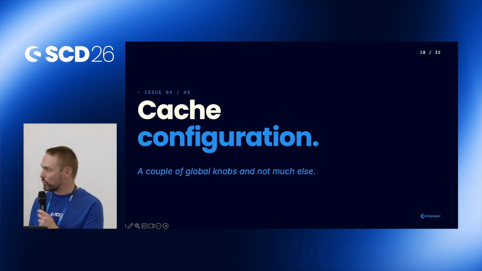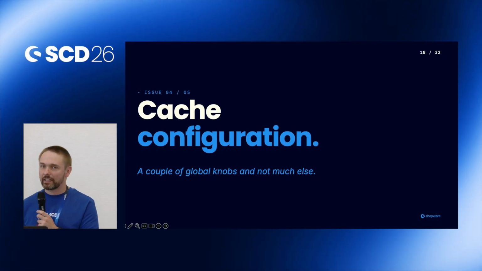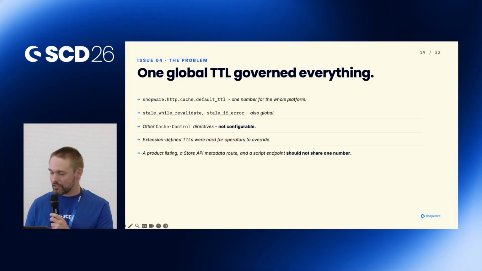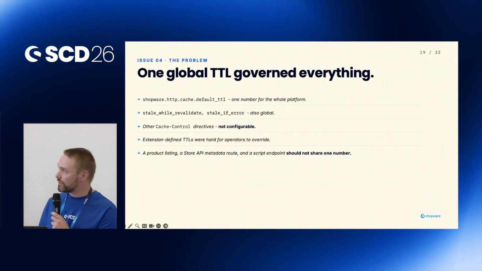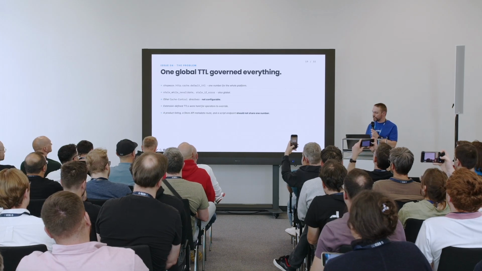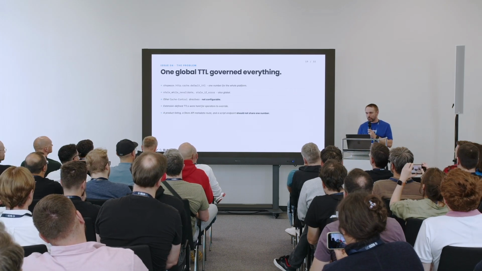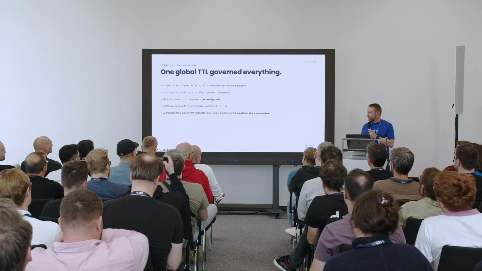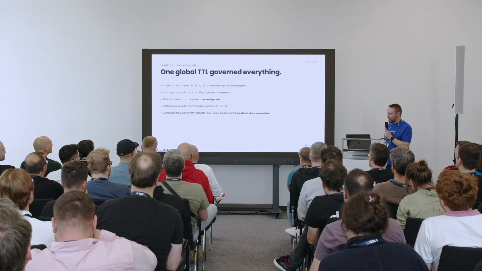Another problem was very limited cache configuration in the previous version. The old config supported one global default TTL, which was applied basically to every page that was cacheable, both in storefront and store API.